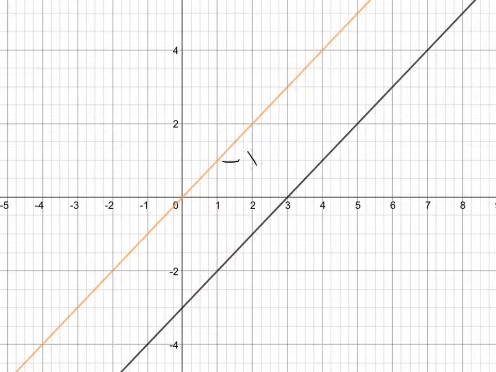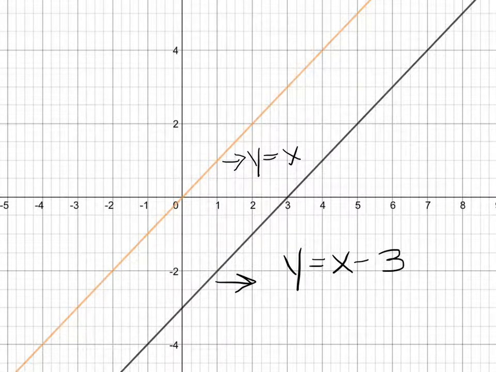Parent function, y equals x. And then what is the equation of the new line? Y equals x minus 3, right, because it's been moved down 3.